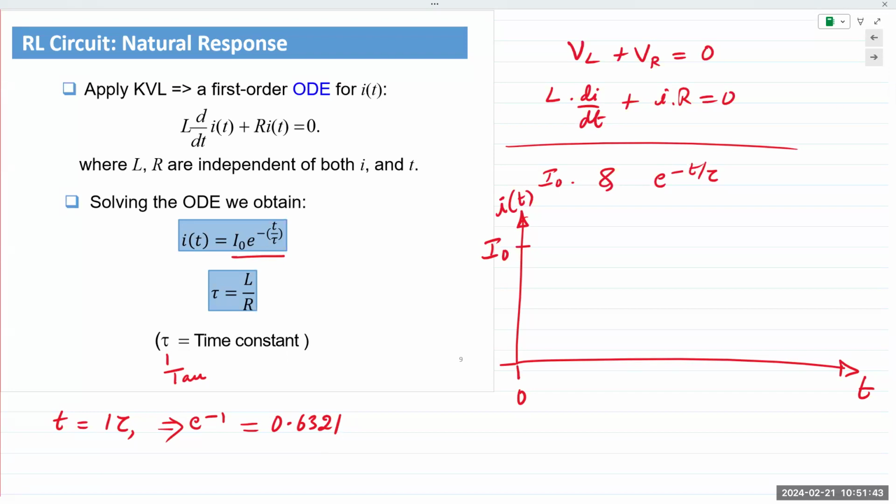Let's see, calculator. Anyone have a calculator handy? What is e raised to minus 1? Right? 0.37.